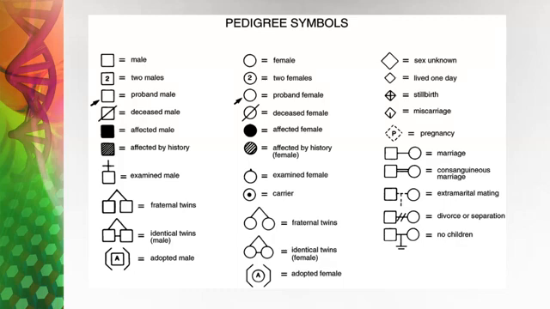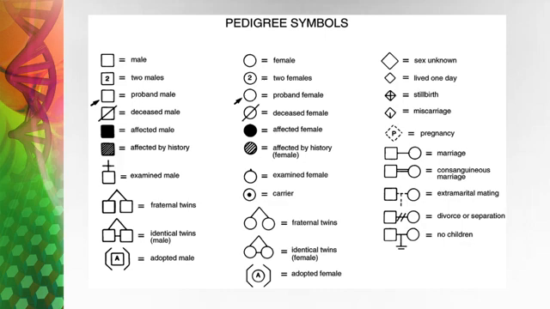Geneticists use a set of symbols to represent an individual's sex, phenotype and family relationships. Males are represented by squares, while circles represent females. Horizontal lines connect parents, while vertical lines lead to the symbols for their offspring coming from the horizontal lines.